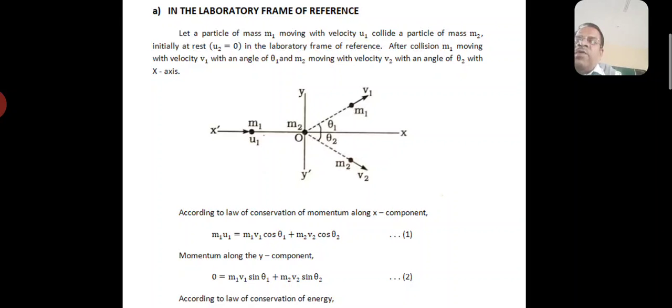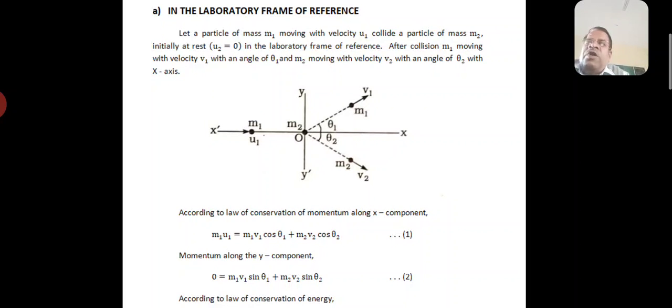According to the law of conservation of momentum along x component, m1 u1 equals m1 v1 cos theta 1 plus m2 v2 cos theta 2. Take it as equation 1. Then taking the component of momentum along y-axis: before collision, particle of mass m1 is moving with a velocity u1 along x-axis.